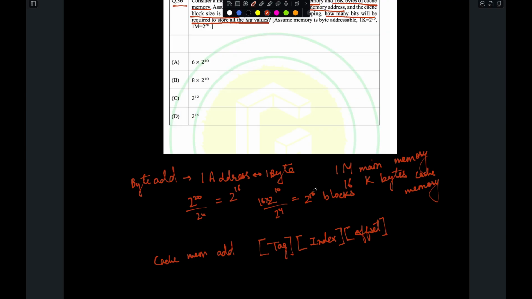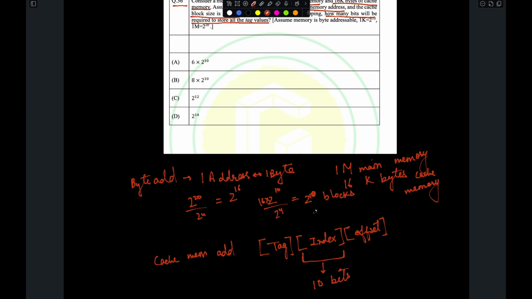Since we have 2 to the power 10 blocks in the cache, we don't know exactly which block we are referring to when we have a particular cache address. So index is for helping us identify which block in the cache we are referring to. So can you tell me from this how many bits we would be needing for cache's index basically?